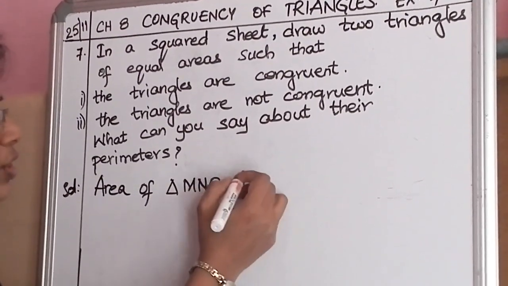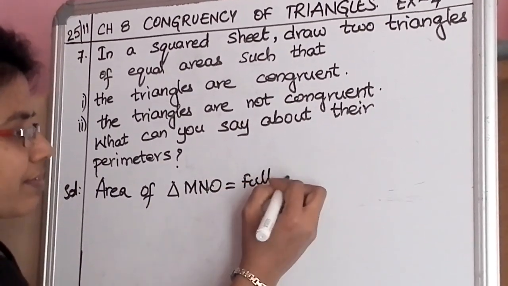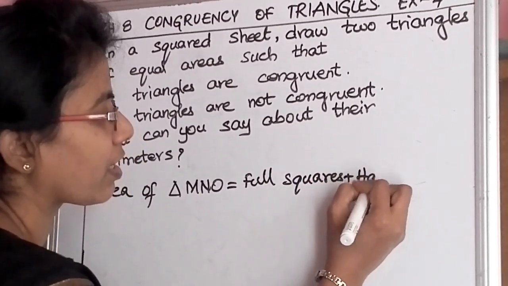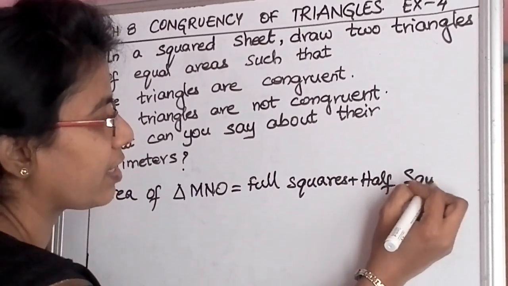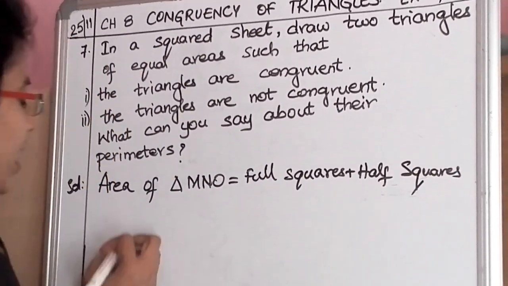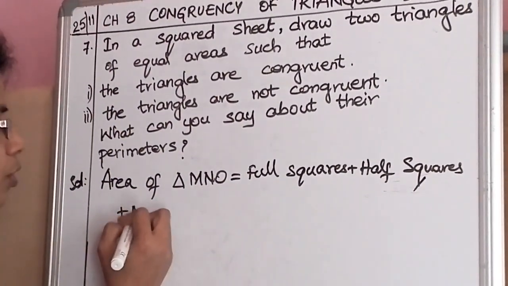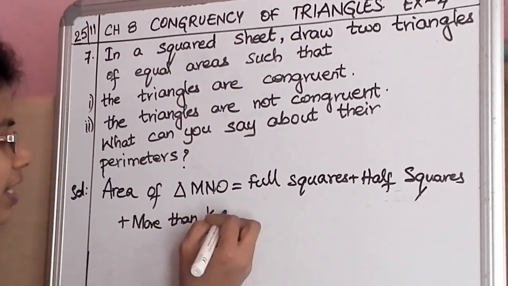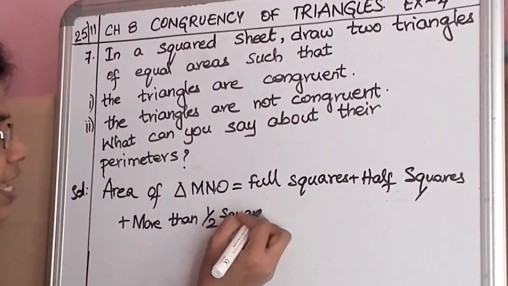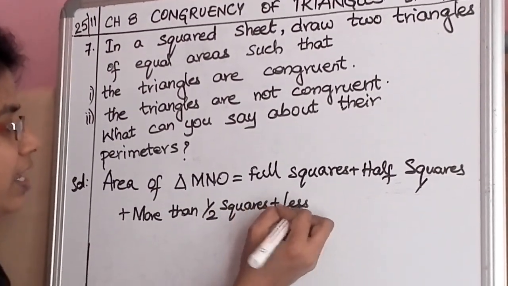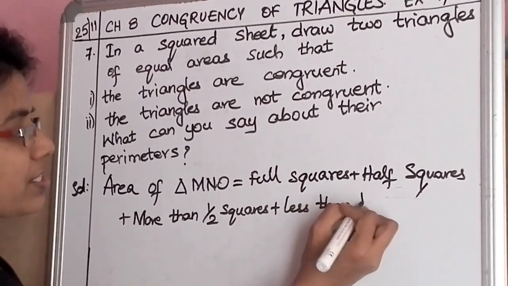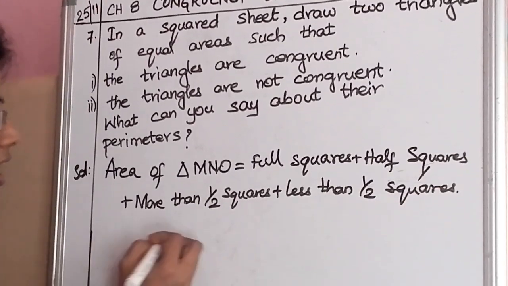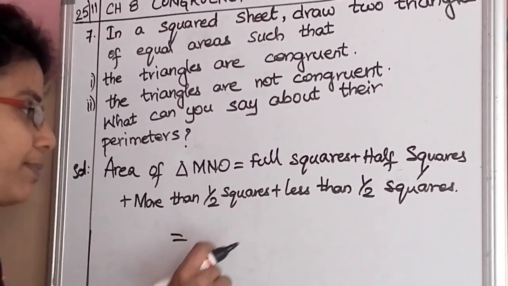MNO is equal to full squares plus half squares plus more than half squares plus less than half squares. This is the formula to find out the area when we are drawing on graph paper.